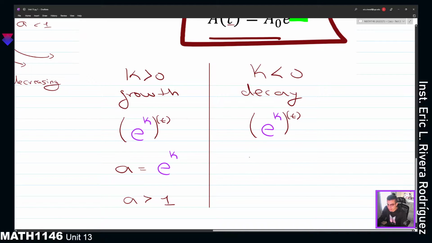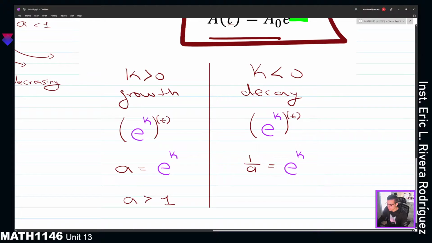So in this case, it will become a fraction: 1 over a to the power of k, it is equal to 1 over a. Okay, so now a, the base here, well, a is still greater than 1 to be this between 0 and 1.